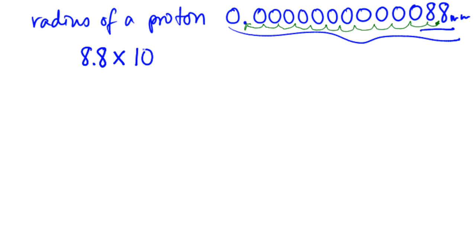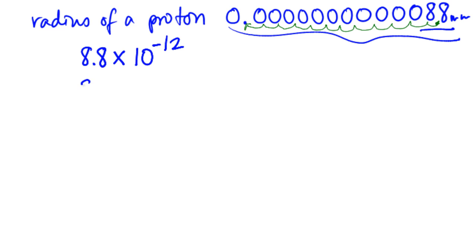So when we multiply 8.8 times 10 to some power, we need to multiply it by a power of 10 that will move the decimal place 12 spots over to the left, starting here at 8.8. And the way we move the decimal point to the left to get really small numbers is to multiply by a negative exponent. We're going to have to multiply by negative 12 because we need it to move over 12 spots.